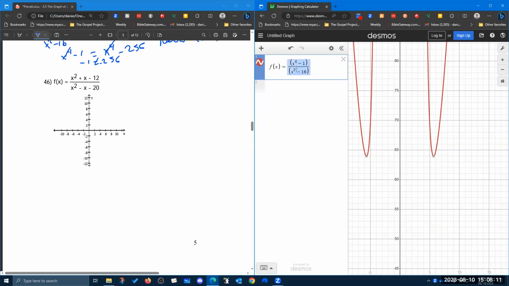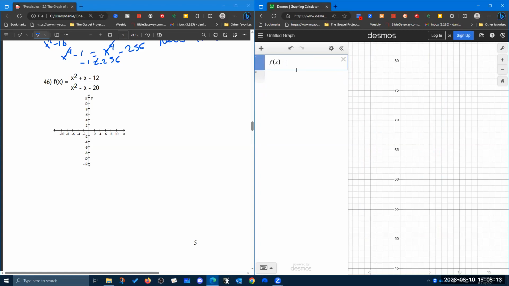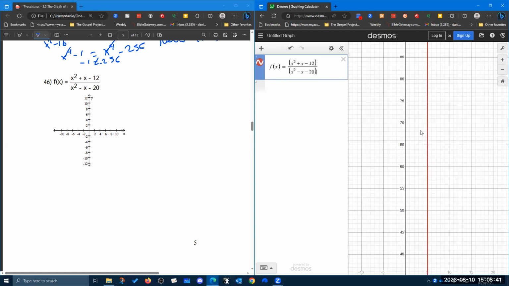All right. Let's work on number 46 now. The numerator is x squared plus x minus 12, and the denominator is x squared minus x minus 20.